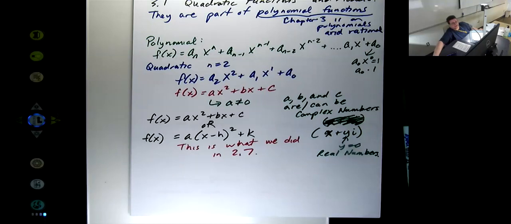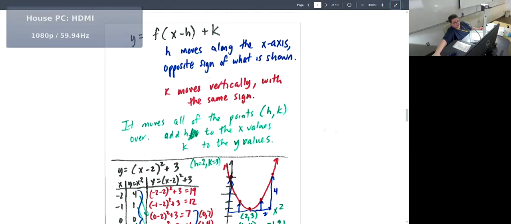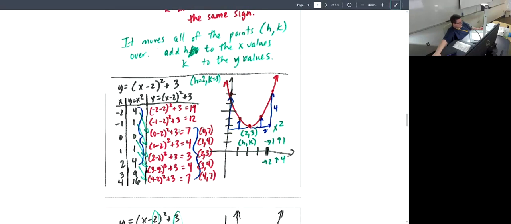In fact, I'm going to bring it up. From our lecture notes from 2.7, we had y equals f of x minus h plus k, and I specifically did a quadratic here with the h and the k. How to graph them. That might be handy to know.